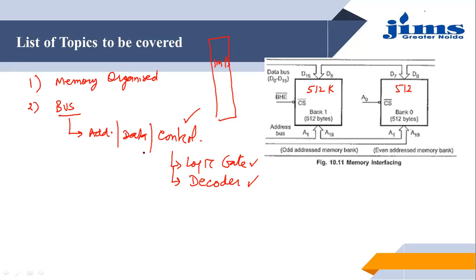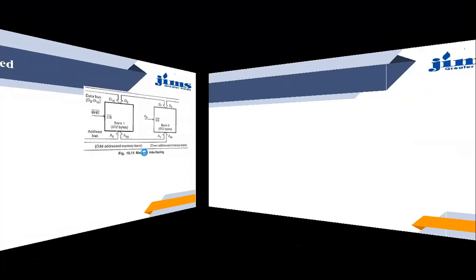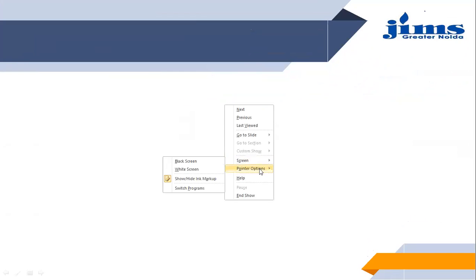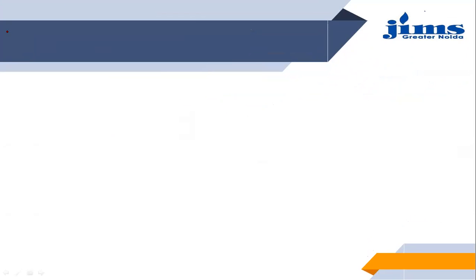So let's come up with a practical example. Let me write down the problem statement before we proceed with the topic. What exactly do we want to do? We want to interface, let's say, an 8 kilobyte EEPROM.